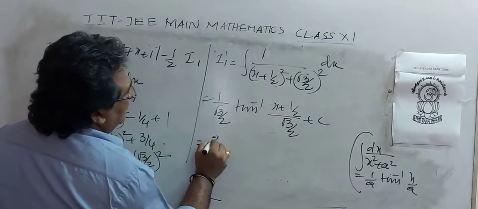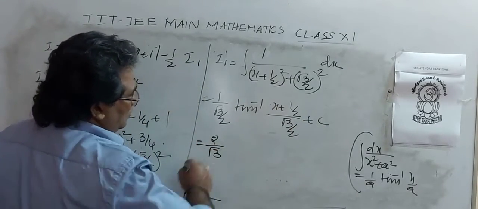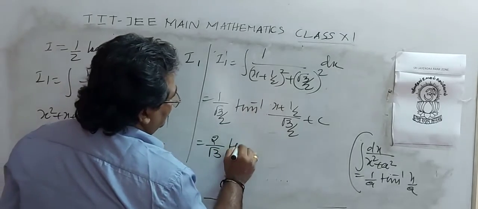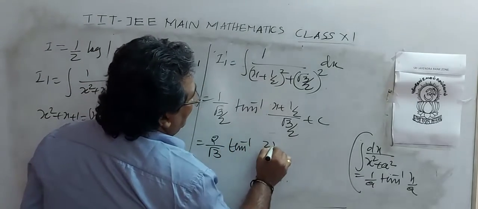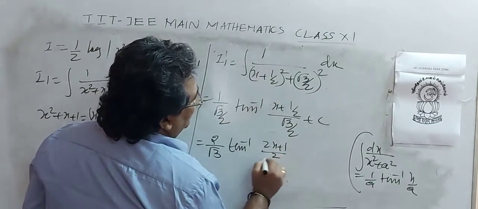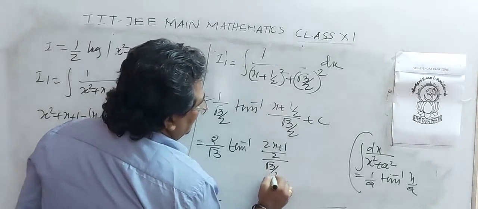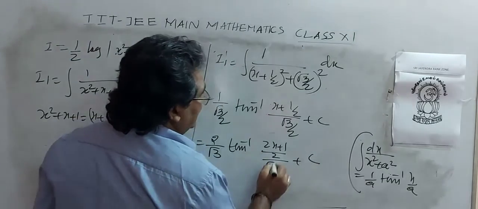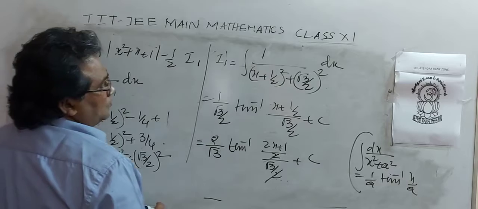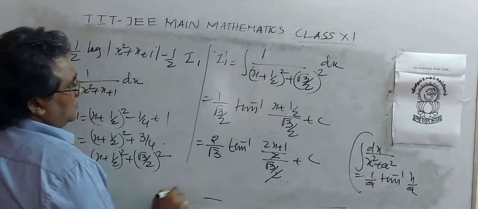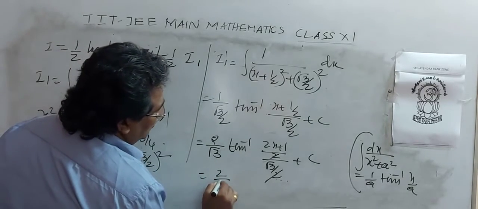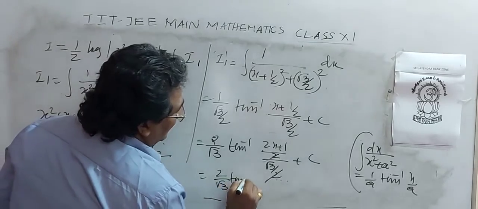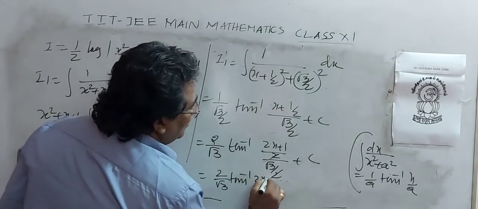That is 2 by root 3 tan inverse of (2x + 1)/2 by root 3 by 2 plus c, this will be cancelled. So 2 by root 3 tan inverse of (2x + 1).